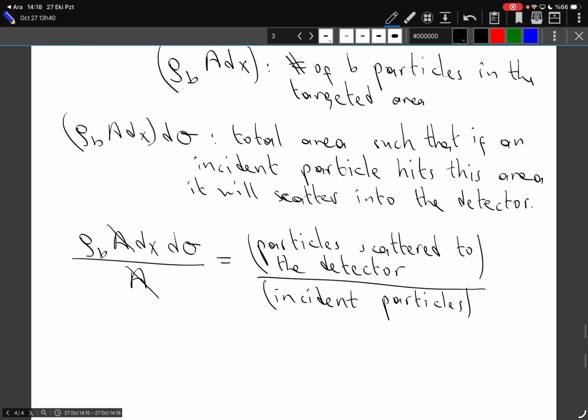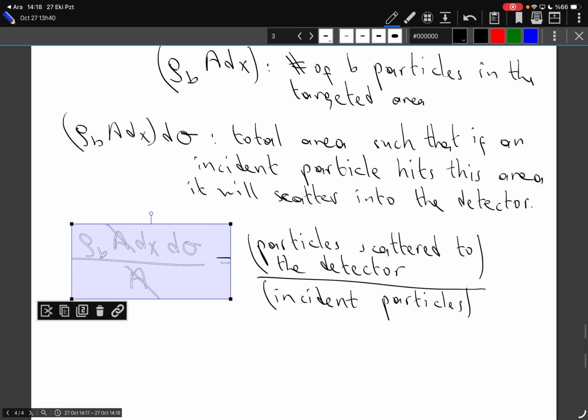What is the total area that will deflect my particles into my detector? This is the fraction of the total area that will scatter into my detector to the total area that my beam is targeting. Some of them will hit some other area, and it will scatter in some other direction. So any questions up to here?